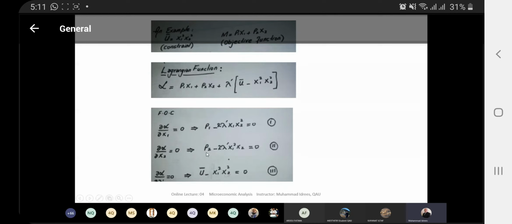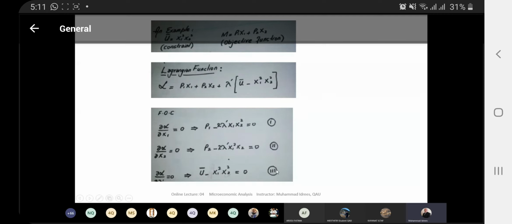So exactly in the same style, we took the derivative with respect to x2. And finally, we differentiated with respect to lambda. It's missing from here. I think you can easily understand. It's curly L over curly lambda prime. It's just missing from here. So we got the three first order conditions.